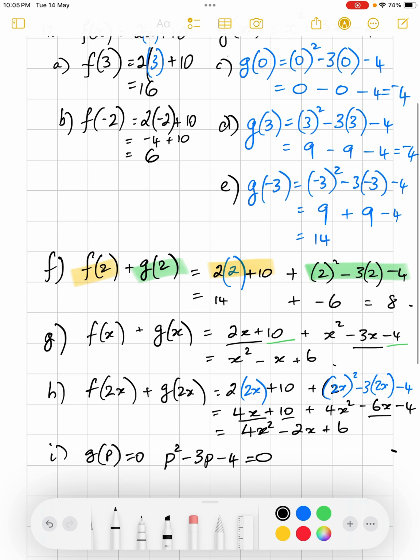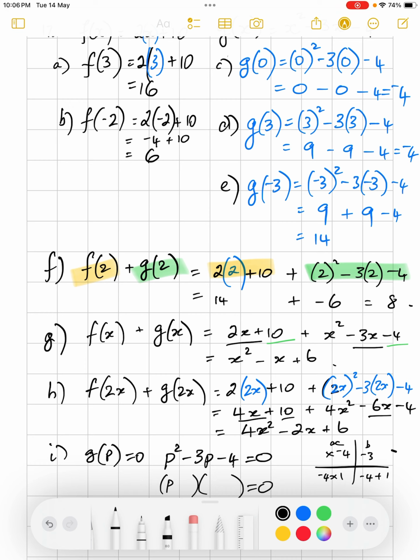Now we can factorize this. I'm going to find two numbers that multiply to give AC, which is negative 4, and add to give B, which is negative 3. And that would be negative 4 times 1, negative 4 plus 1.